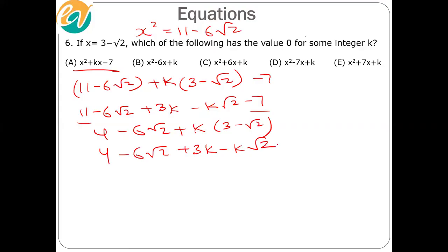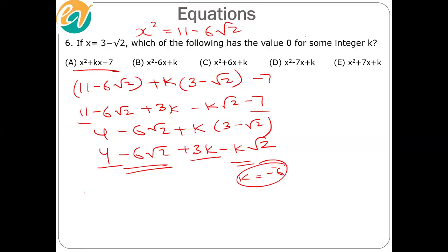Since we have to cancel root 2 because k is an integer, k has to be minus 6. But if k is equal to minus 6, then 4 plus 3k will not be 0. Are you guys with me?